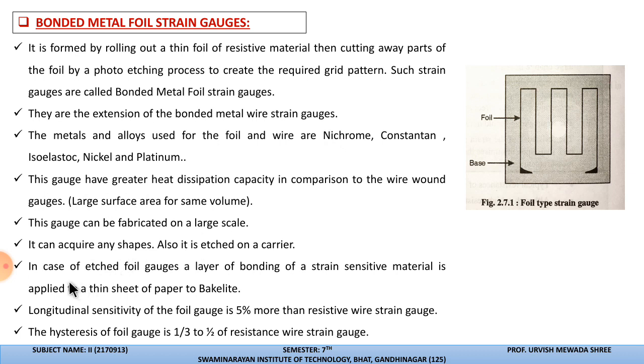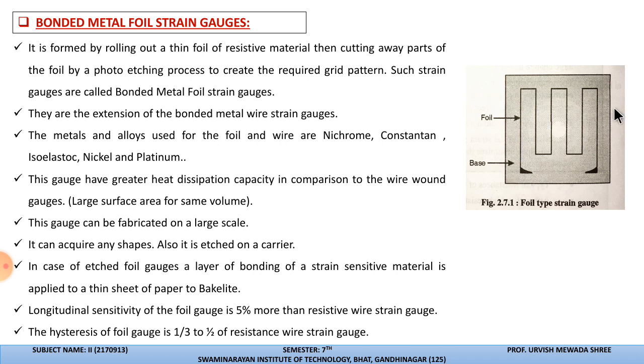And in case of etched foil gauges, a layer of bonding of a strain sensitive material is applied to a thin sheet of paper or bakelite. So this is the foil which is mounted on the base.